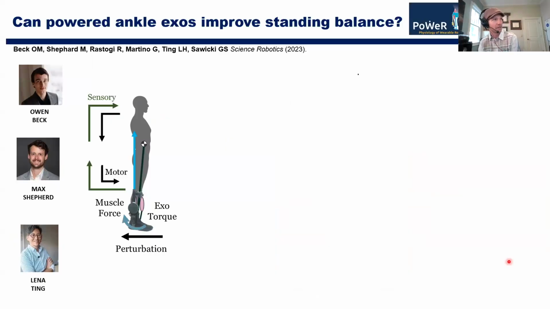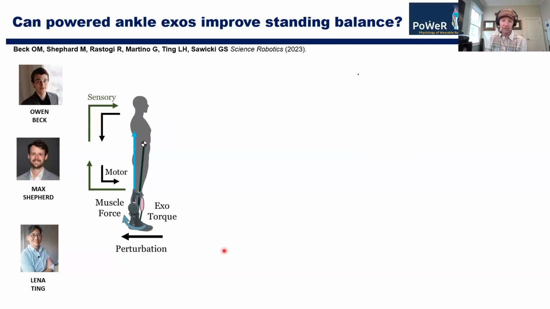So I just want to talk first a little bit about standing balance, and this is work with Lena that we completed a couple of years ago now. The question here was whether or not if we gave an assistive torque from an ankle exoskeleton during a backwards perturbation that would pitch the person forward, could we keep them from taking a step? Could they handle a perturbation?